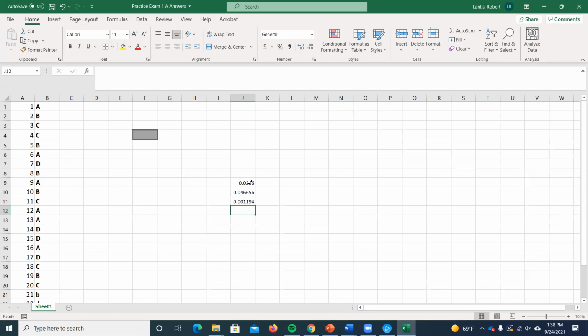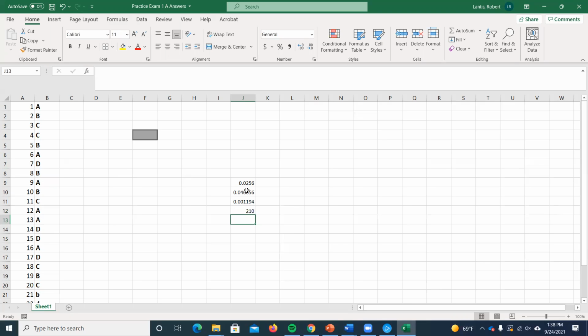Everything past 6 cancels, and I'm just left with 10 times 9 times 8 times 7. So here I could do this in Excel: 10 times 9 times 8 times 7, and then divide that by 4 times 3 times 2 times 1. So this ends up being 210. Now it's just 210 times 0.001194.